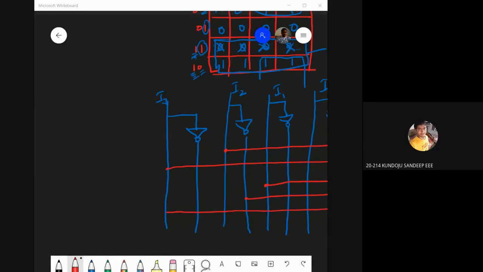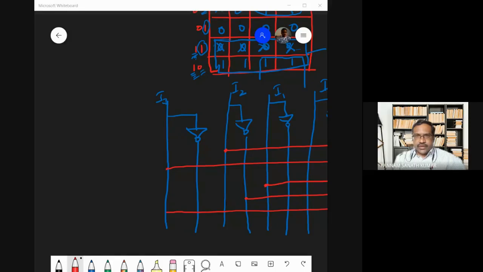Sir, will they only ask to design this topic, or will they ask to write in the theory part also? A theory part they will ask, so you can write the theory part, and you can refer to the textbook. So priority encoder means whatever the first concept I told you. If you observe this one, you have four inputs, so depending on the priority.